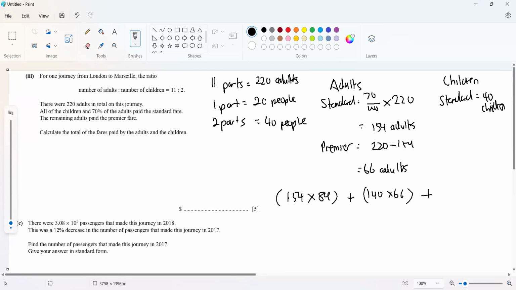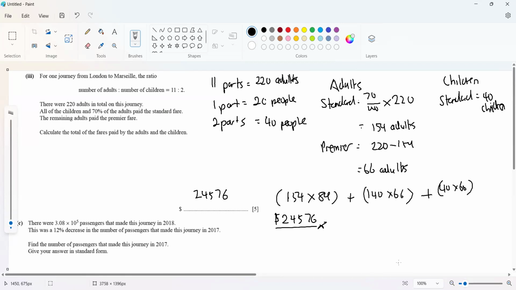And then for children, 40 multiplied by 60. And then we can total up the value here. So 154 times 84, this one, the rest is calculator work. So you may use your calculator to get the answer quickly. So that would be a total of $24576. This is the amount of fares paid by the adults and children.